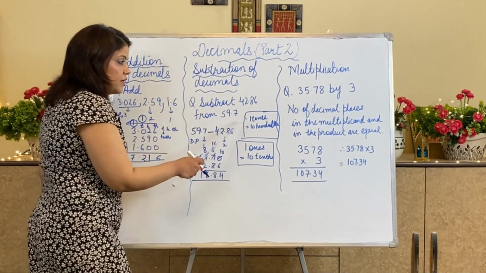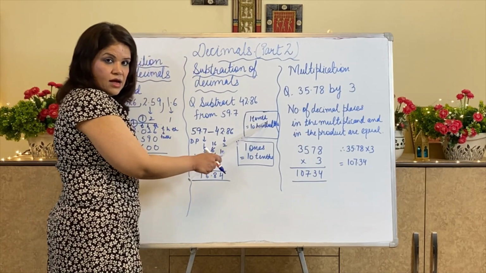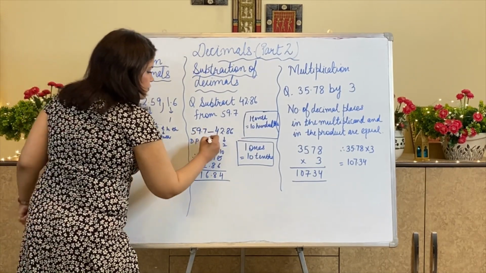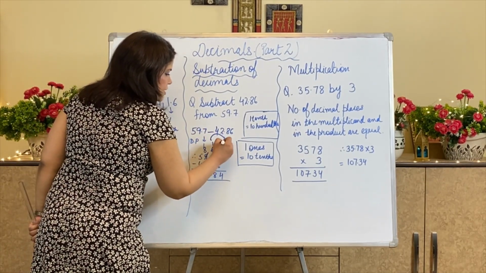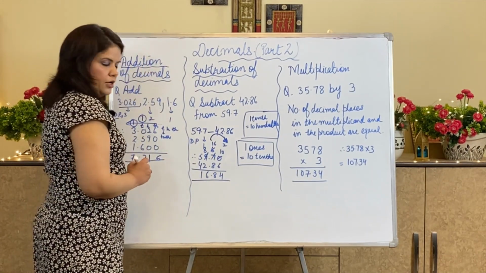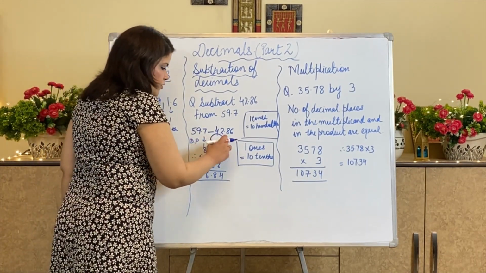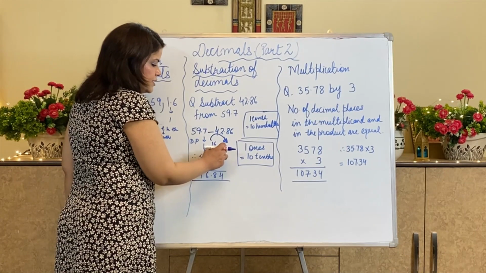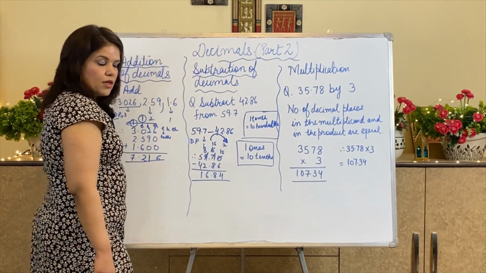It has gone. So I have written 1 tenth. Understood? Because shift is taking place from tenths to hundredths. So that means if 1 will go here, that will act as 10 hundredths. Understood?